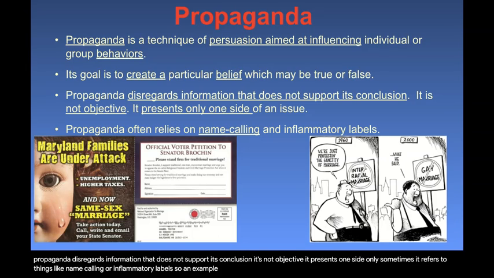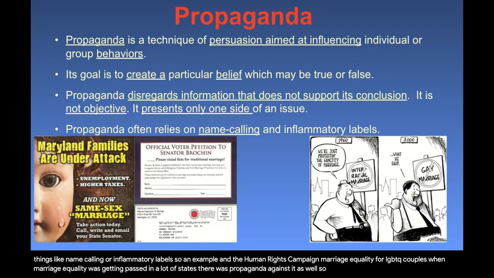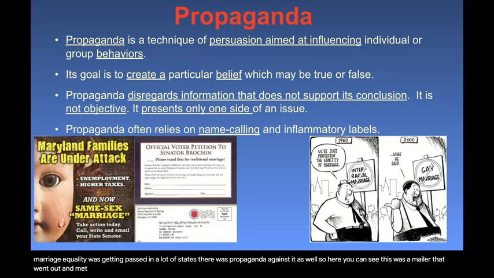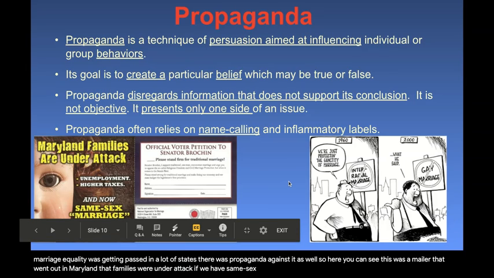As an example, since we were just talking about HRC and the Human Rights Campaign, marriage equality for LGBTQ couples, when marriage equality was getting passed in a lot of states, there was propaganda against it as well. Here you can see a mailer that went out in Maryland saying families were under attack. If we have same sex marriage, then that's going to hurt the American families.